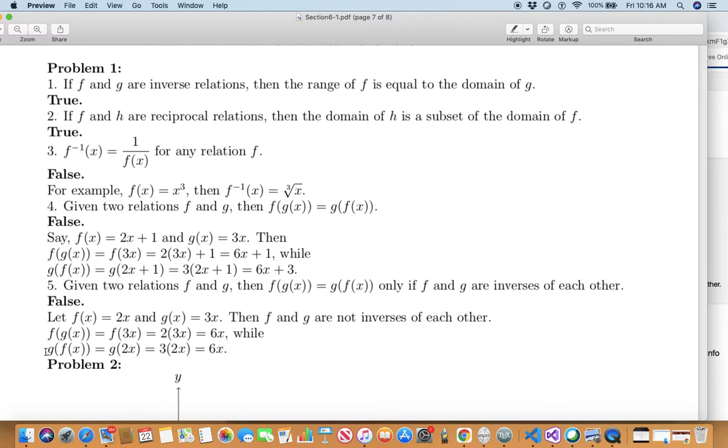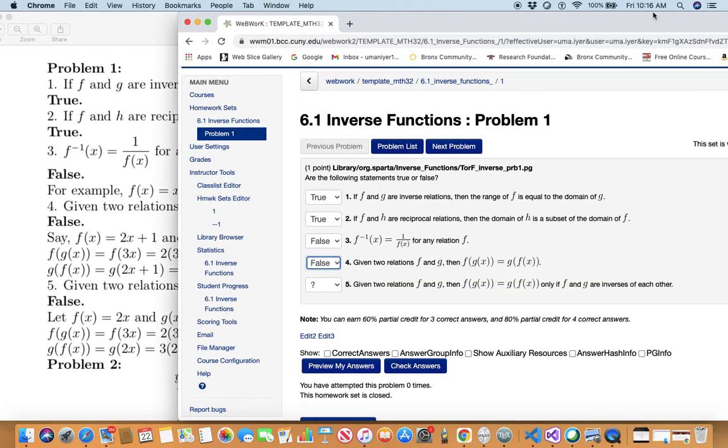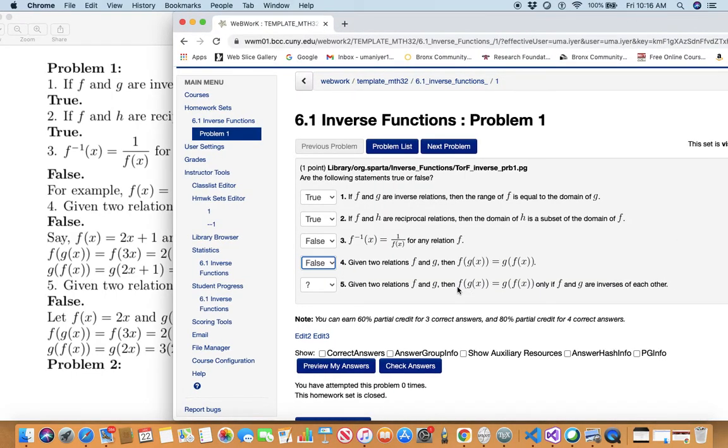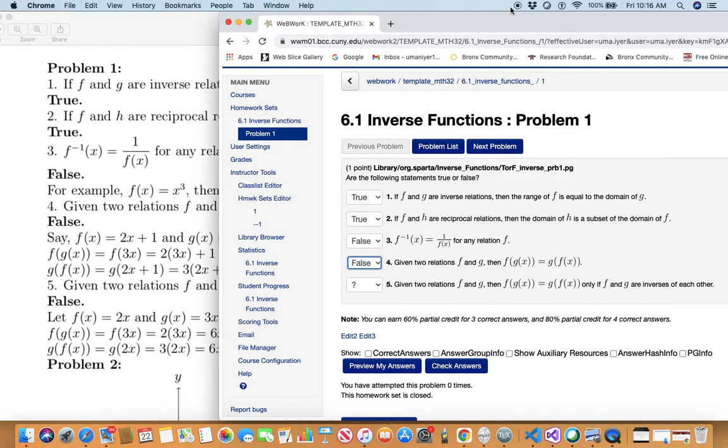So they agree even though they are not inverses. When they are inverses, f compose g will be the identity function, and so is g compose f. When they are inverses, they will be equal, but there are other times also when these compositions can be equal. All right.